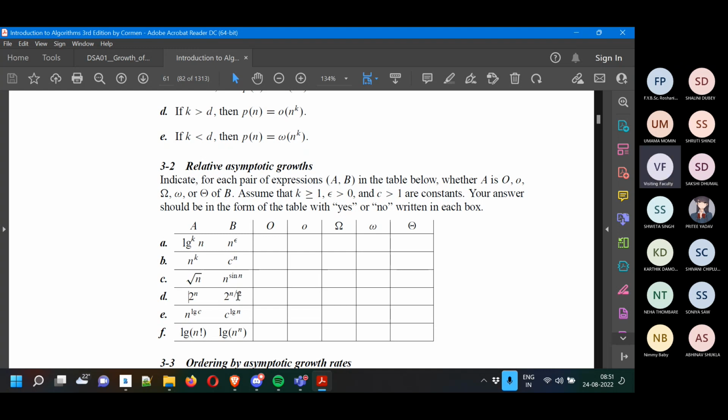Yeah. Similarly, take C equal to 2 and then try point E. n raised to log 2 and 2 raised to log n. How do they compare? You can assume it is some log, it doesn't matter. n raised to log 2 and 2 raised to log n. Big O, little o, big omega, little omega.